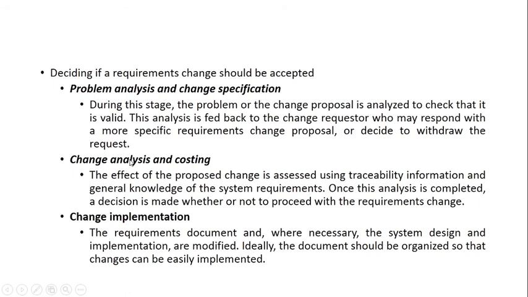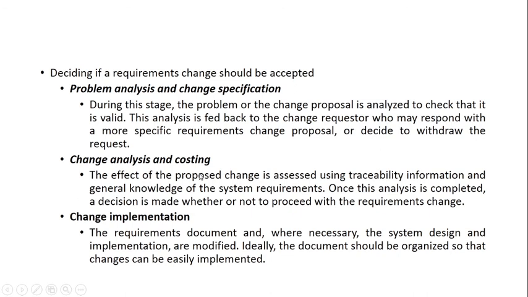Analyze that change, whether it is going to serve the purpose or not, whether it is going to give rise to more errors or not, whether it is going to work properly or not, because it has to integrate with the existing requirements, other requirements also, and then it must work all together. So there is a possibility it gives rise to errors also, right? So analyze all those changes and identify how much cost will be involved.